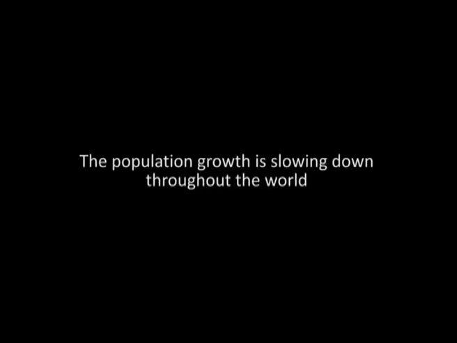However, growth in population throughout the world is slowing down. Population growth among developed countries has been slowing down since the 1950s and at present is at 0.3% annual growth.